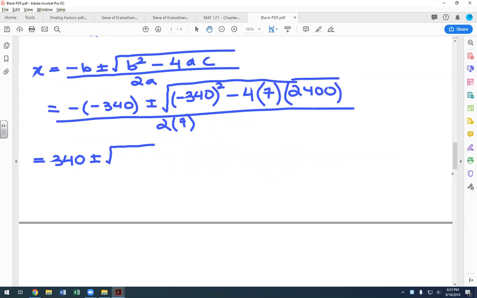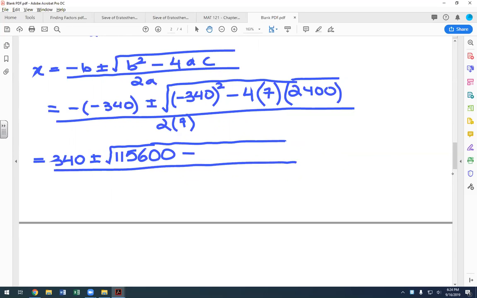You are doing negative 340 squared, so the negative and negative will become positive. What is 340 squared? 115,600. Yep, it's going to be a pretty large number. Very good. 4 times 7 times 2400? 67,200.